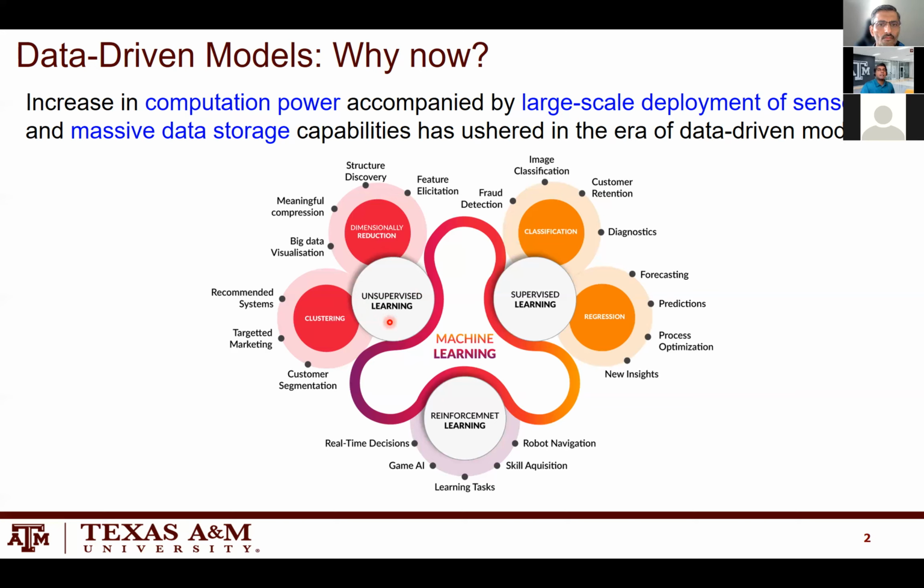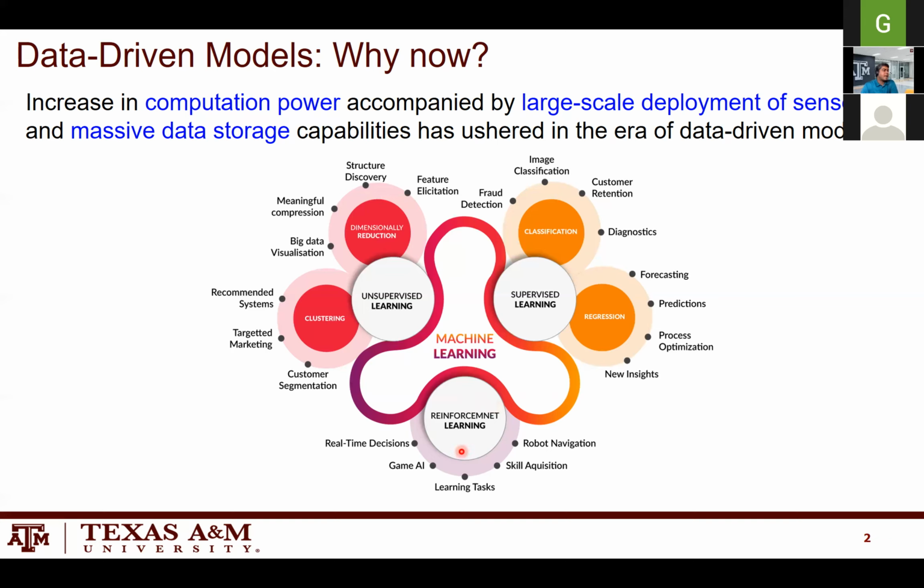Now, when we come to this 4th one, there's a spelling mistake here, reinforcement learning. The most important thing of reinforcement learning is control. We want to control natural processes or some system. So anytime we want to control, we need to use reinforcement learning. I've seen use of reinforcement learning in automating scientific discovery.